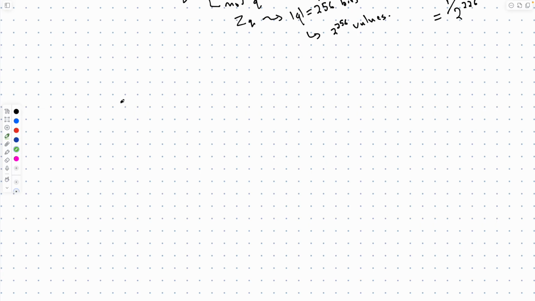I'll do it in green. Okay, so given two polynomials, and it doesn't have to be two either, it could be n polynomials, but I'll just write two.